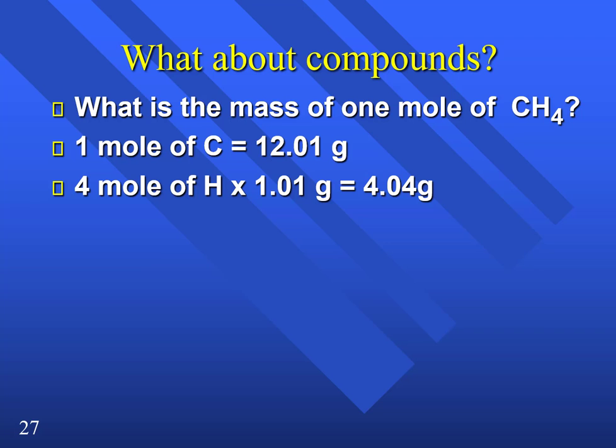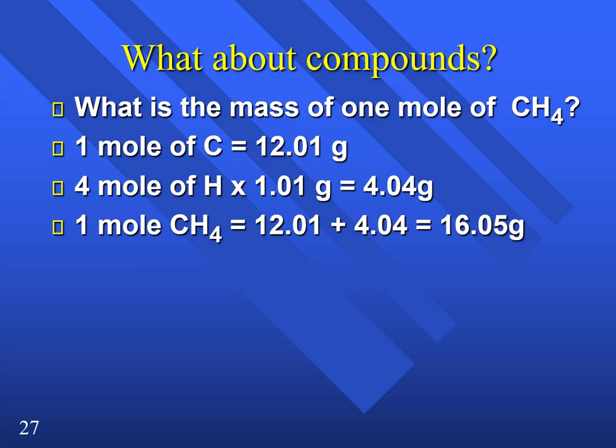Hopefully you don't need a calculator for that one. So what does 1 mole of CH4 weigh? Well, 12.01 grams plus 4.04 grams is 16.05 grams. Ta-da. Unbelievably tough? The only way to make it tougher is to give you bigger numbers or more elements, right? And you just do it more times.